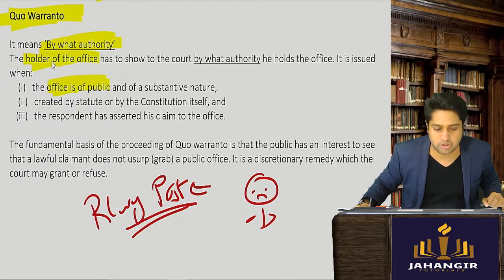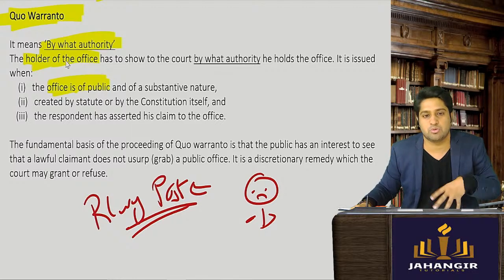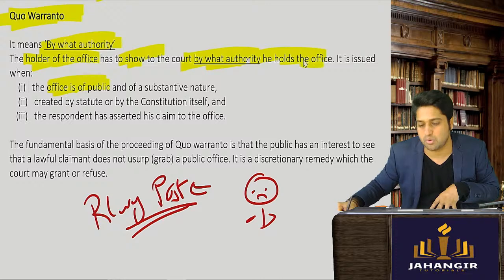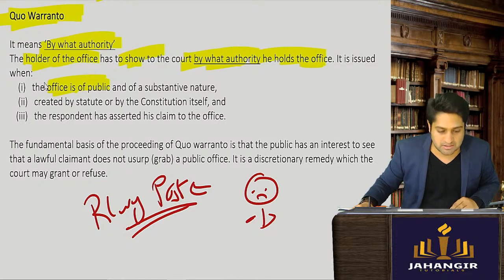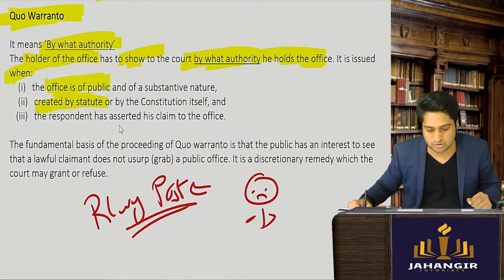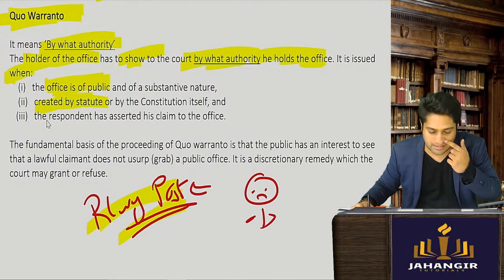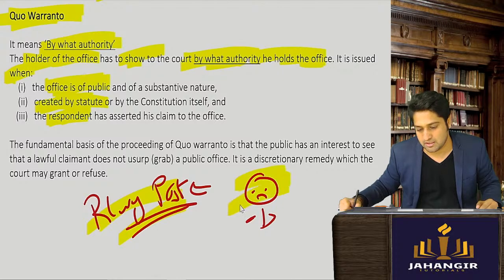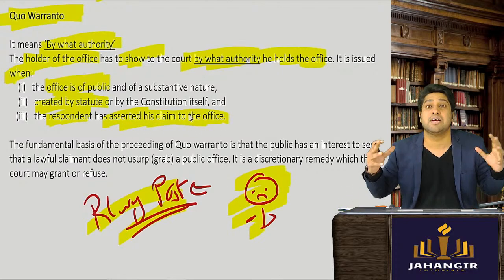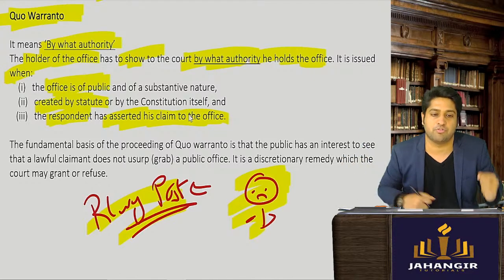So the holder of the office, the person who is currently holding it, will have to show to the court by what authority he holds the office. It is issued when the office is a public office created by the statute, so all the government posts, and the respondent, that is this deserving candidate, is asserting his claim to the office. He is saying, no, I should get that office.